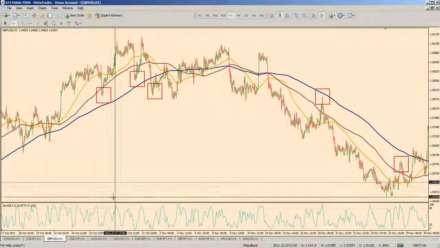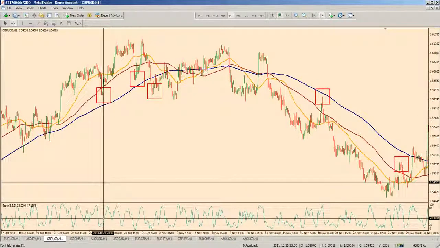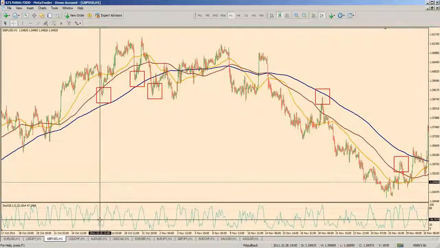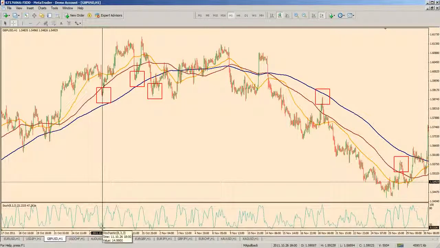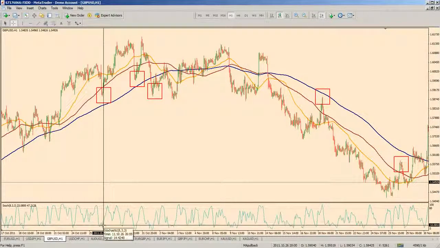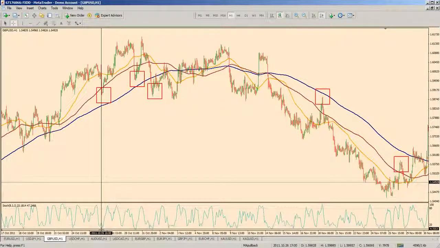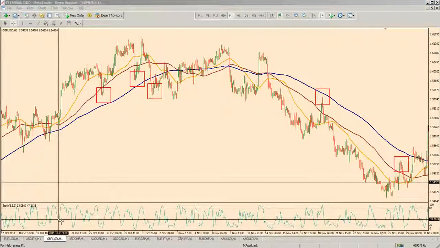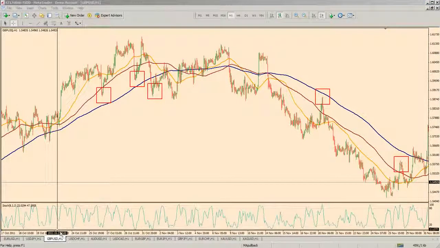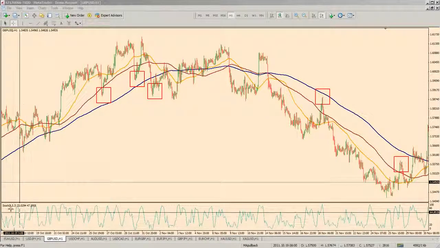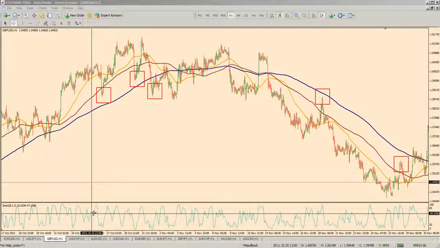Number three is we are looking for the stochastics to cross the overbought or oversold line. I'm using slow stochastics. I happen to be using an 8-3-3 setting for slow stochastics.